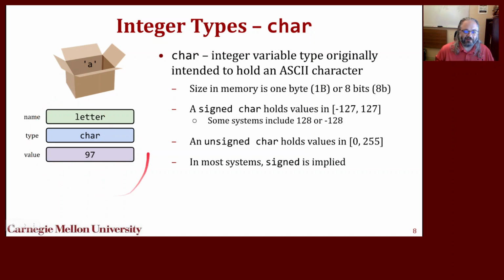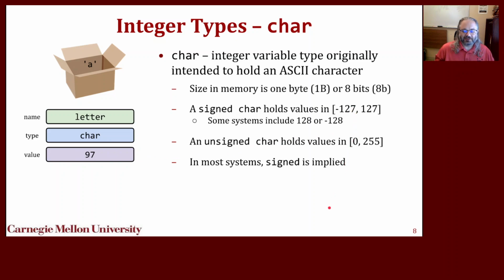So this is a valid representation of a char variable that I've named letter, and I've given it a value of A, or the integer value of 97. I haven't specified whether it's signed or unsigned, so the system is going to interpret it as signed. In this case, it doesn't matter because 97 is in both ranges.